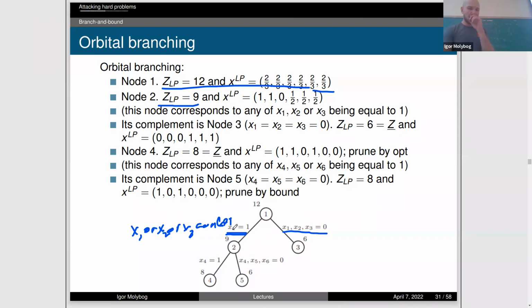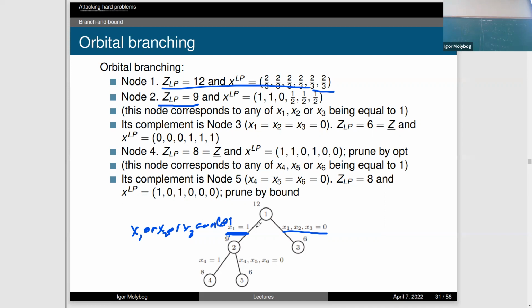So if x1 is equal to 1, let's say that we have solved a problem with x1 equal to 1.